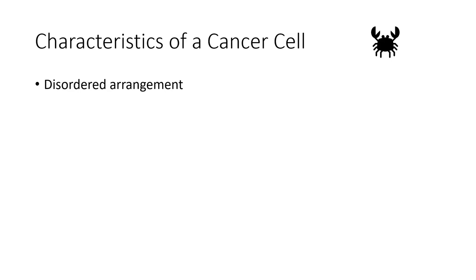So it's a very disordered arrangement. They often divide more rapidly, so we call that prolific reproduction. And then they can also grow increased blood vessels, which will take nutrients and blood supply away from the surrounding tissues so that it can continue to grow.